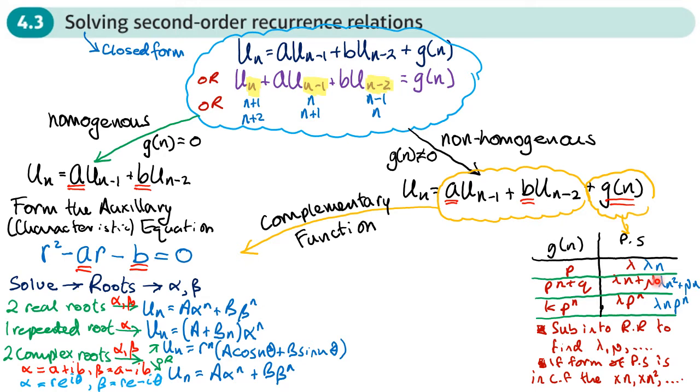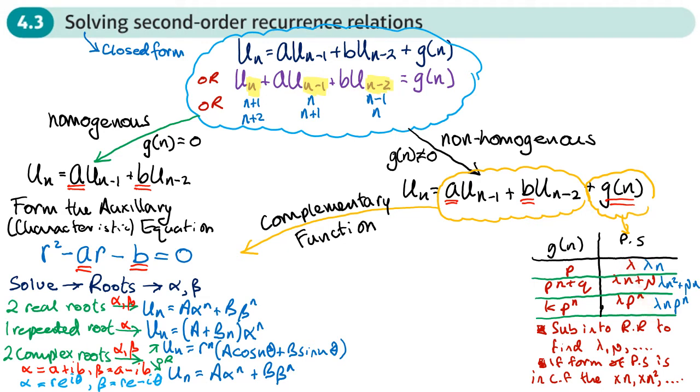Or it may be that once we've multiplied by n, that still occurs somewhere in the complementary function, so we times it by n again. So you'd have lambda n squared, lambda n squared plus mu n squared, or lambda n squared p to the power n. So always be on the lookout. Does the form of particular solution that I've chosen appear in a form like it in the complementary function? If it does, then you either multiply the particular solution that you've tried by n or by n squared.